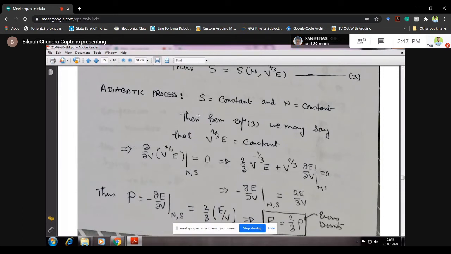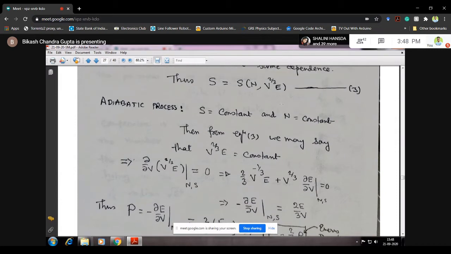So in that case, S will be constant, and N, the number of particles, is also constant, because it will not exchange particles. And therefore in equation 3 you see that N is constant and S is also constant. For an adiabatic process, S is constant and N is constant.